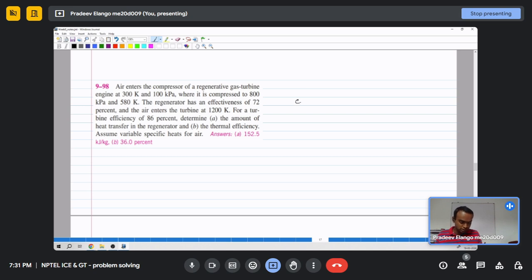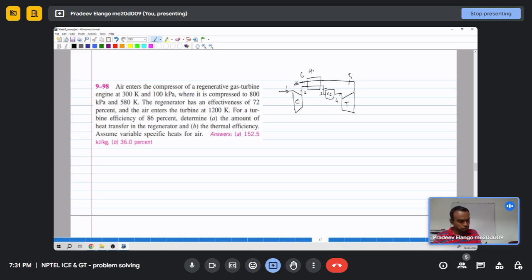So with the regenerator, this is 2, 3, 4, 5 and finally 6.